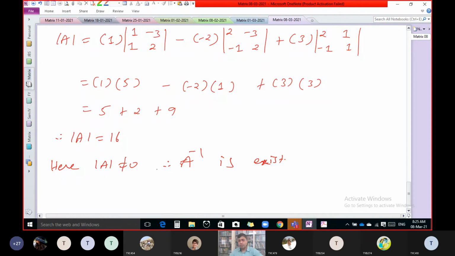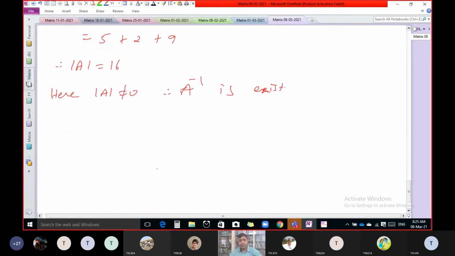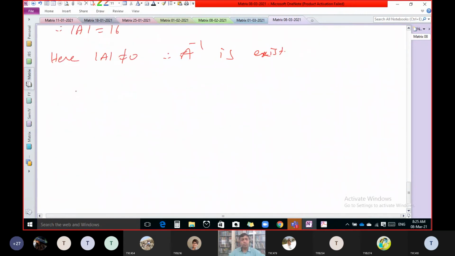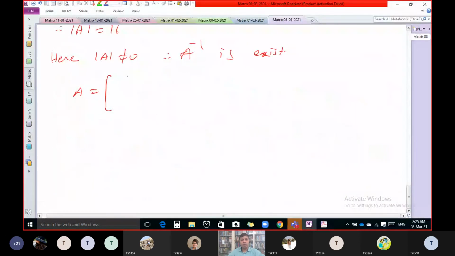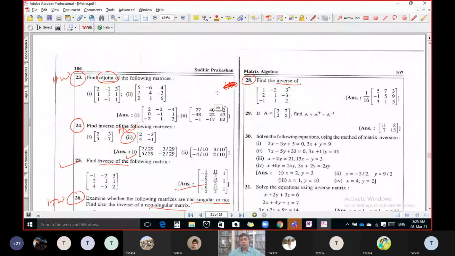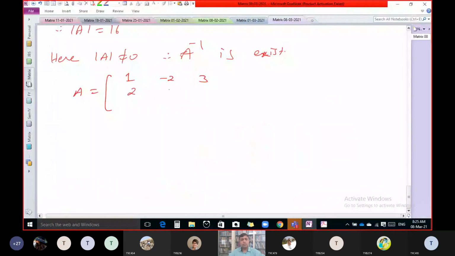Okay, now let us rewrite matrix A because we have to find out the cofactor first of all. So let us rewrite matrix A. 1 minus 2 3. Second row 2 1 minus 3.